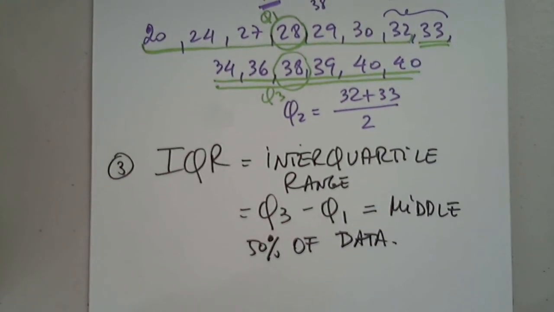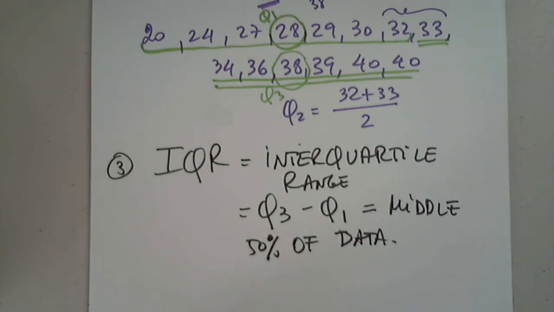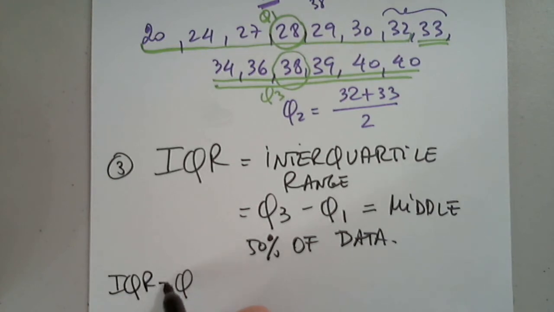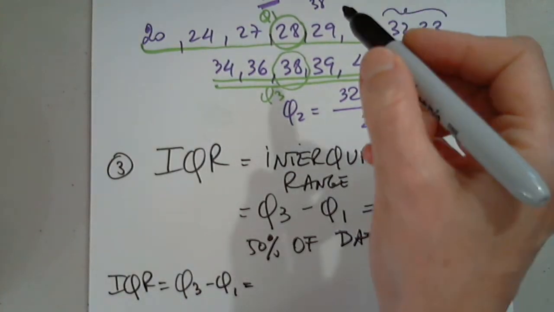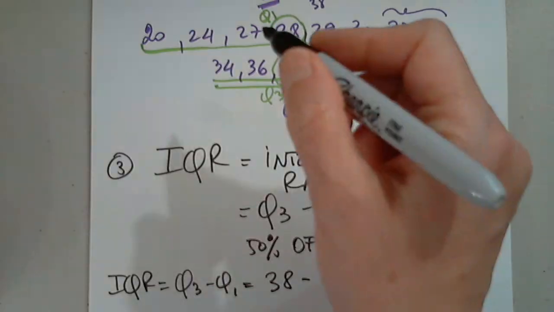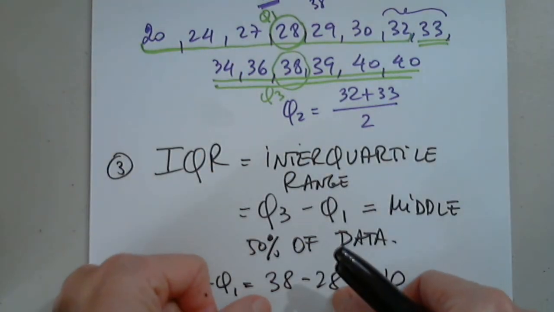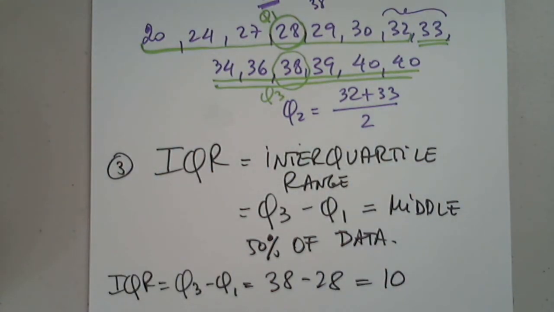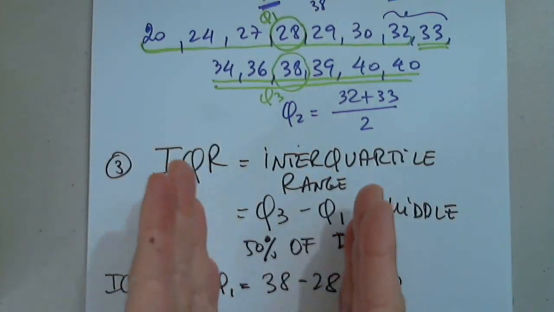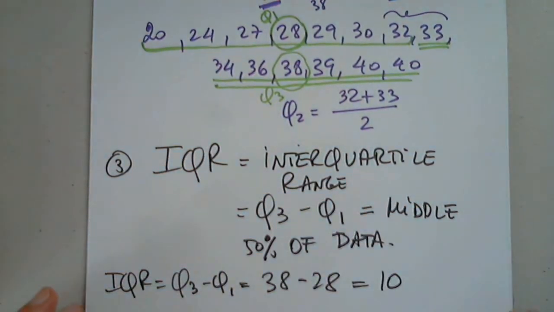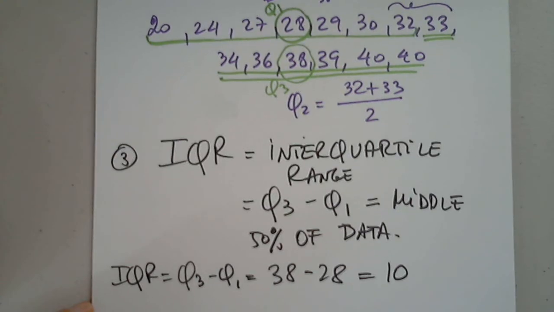So in our example, the interquartile range will be Q3 minus Q1, 38 minus 28, the interquartile range is 10. So between these two observations, which the range is 10, we will have 50% of the observations.